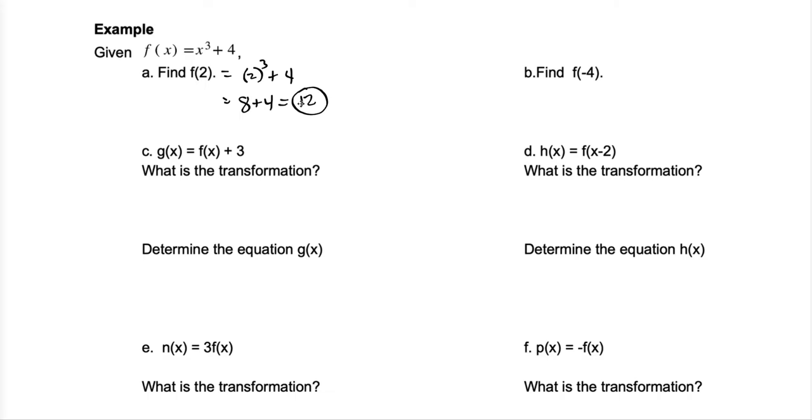I was hoping you could help me with C. What is the transformation if we write g of x equals f of x plus 3? I mainly wanted this here because I want you guys used to this notation because it's kind of weird. Did you write it down up above on the first ones we did?